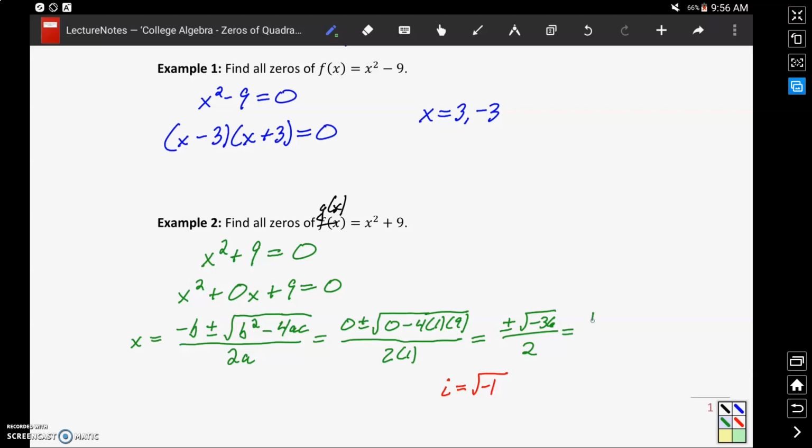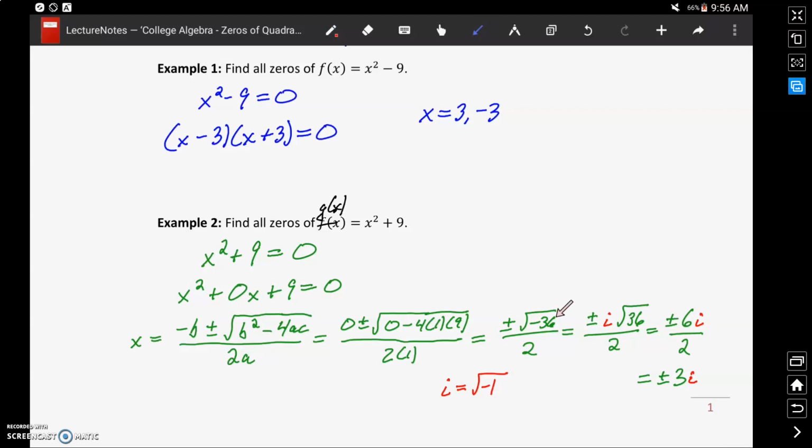That would mean we could rewrite this as plus or minus i times the square root of 36 divided by 2, or plus or minus 6i over 2, which would be equal to plus or minus 3i.